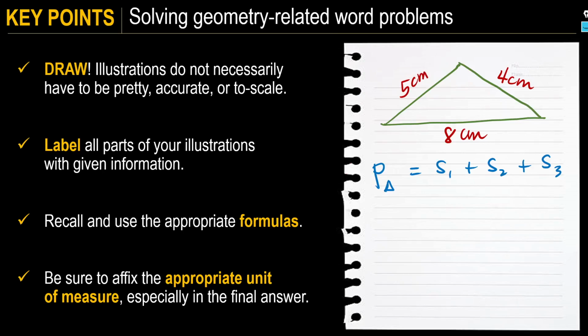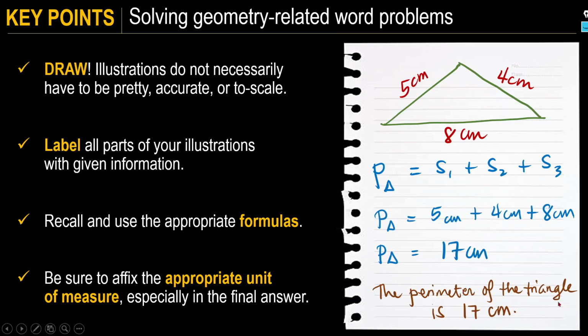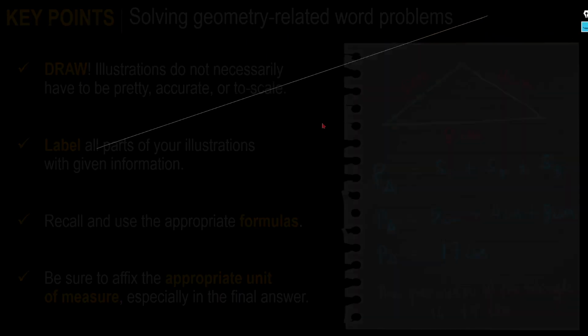And of course, for solving word problems, typically, the problems are expressed in words. So it's only natural to express your final answer in word form also. And when you do that, do not forget about the unit of measure. Tulad niyan, the perimeter of the triangle is 17 centimeters. Very simple.